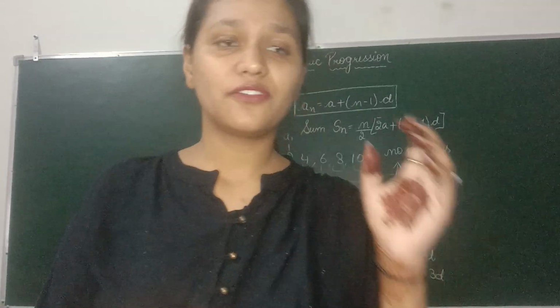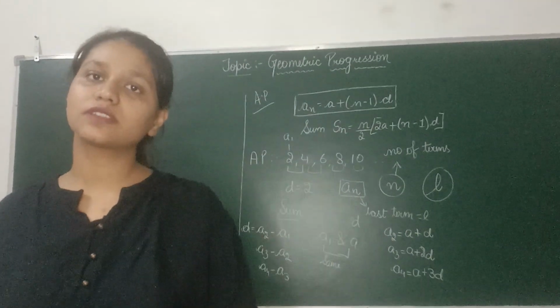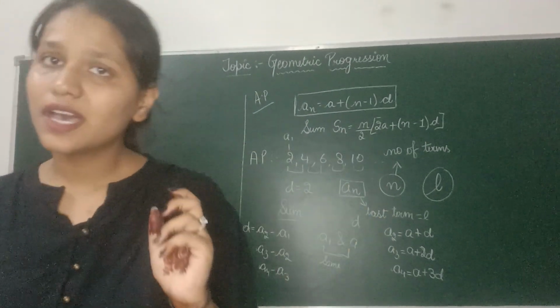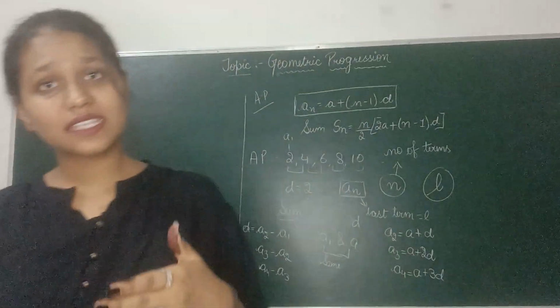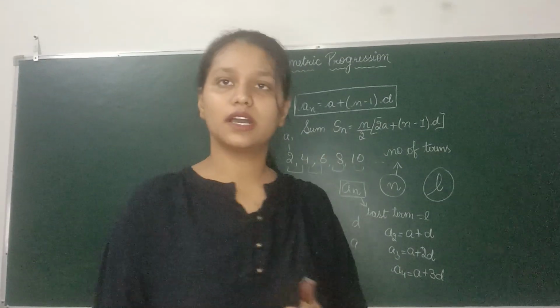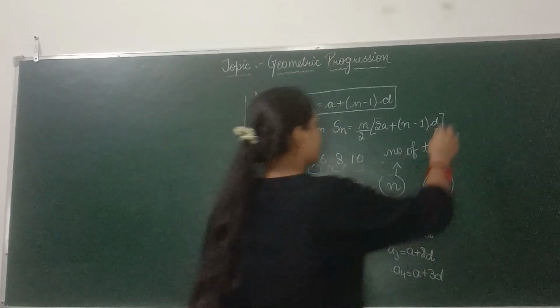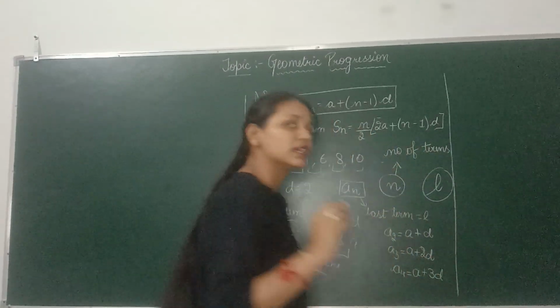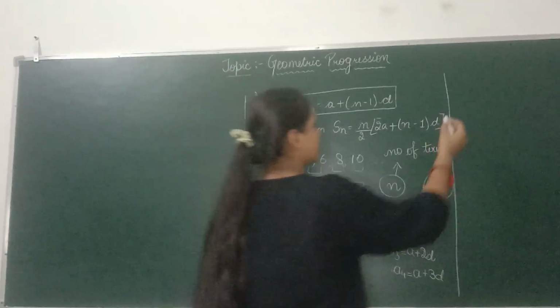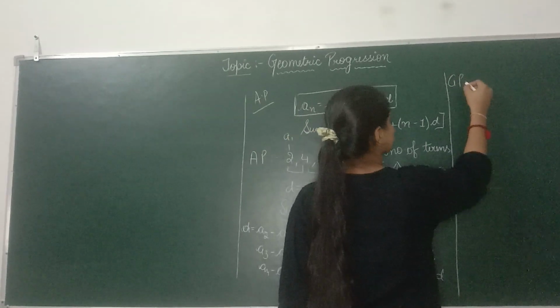The main fact of the AP is that the difference always remains the same in arithmetic progressions, and it is the same in geometric progressions. In a GP series it will also be the same, but here also a series should be given. Suppose I am making the same series.